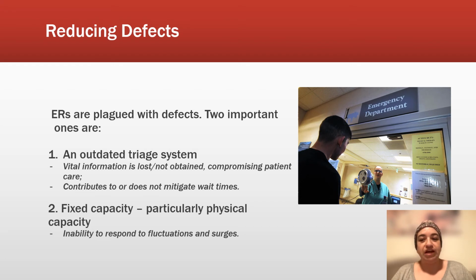The recent COVID-19 pandemic also illustrated that there may be dramatic surges at times in emergency room utilization, and these same surges may also happen due to local natural disasters, for example. Our current ER setups do not allow us to respond to these ebbs and flows.